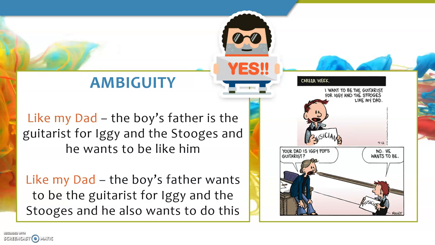The first interpretation is that the boy's father is the guitarist for Iggy and the Stooges and he wants to be like him. That's how the teacher interprets it. But what the boy means is he wants to be the guitarist for Iggy and the Stooges, and his dad also wants to do this. So you can see how the ambiguity is created there.